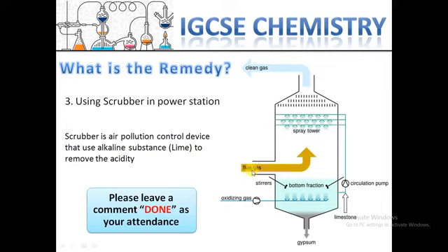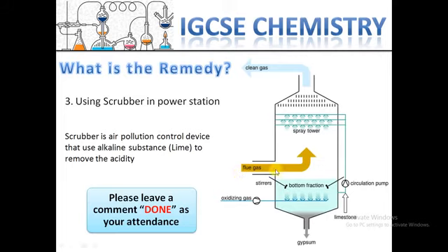When the fuel gas moves to the scrubber, there is equipment that can spray the lime. The lime is an alkaline or base substance.